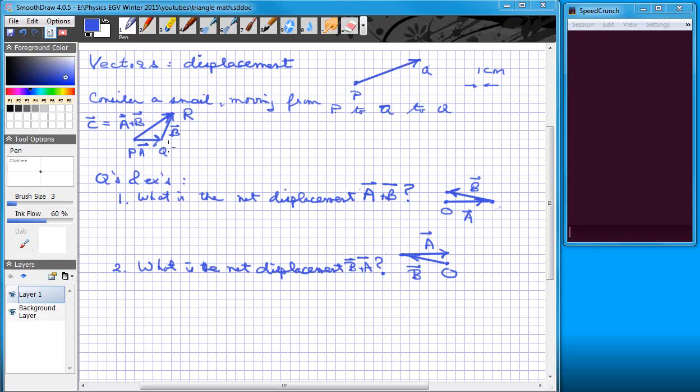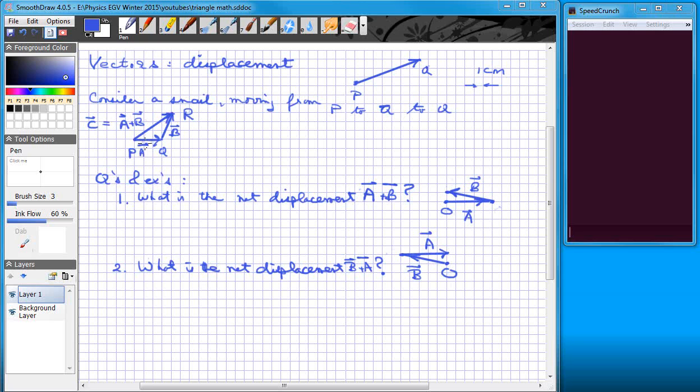Let's say the snail undergoes a displacement from P to Q, which we will call A. And now since the displacement A is a vector, we're going to symbolize that by using some letter to denote that it's a vector, and then an arrow drawn over the top signifying that it is a symbolic quantity and it is a vector.